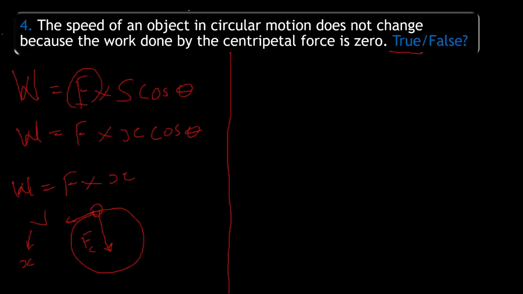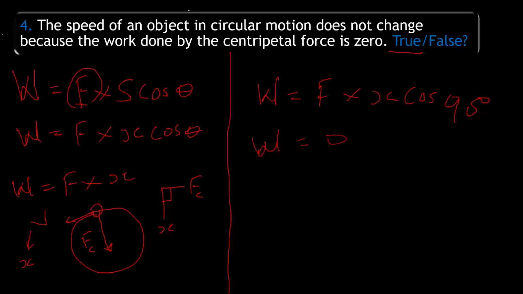So that means that FC is perpendicular to the distance. So you have angle 90 degrees here. So work done is equal to force times distance times cos 90 degrees, and cos 90 is 0. Therefore, work done is equal to 0.